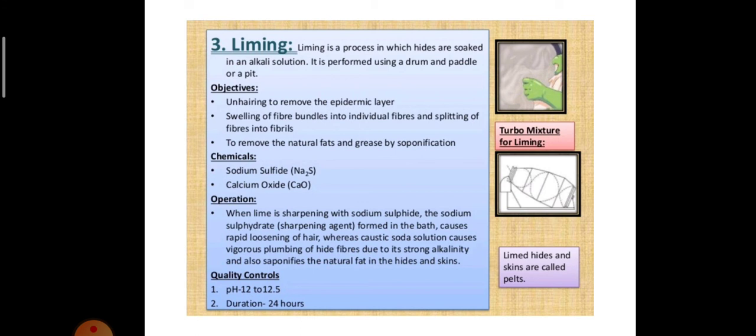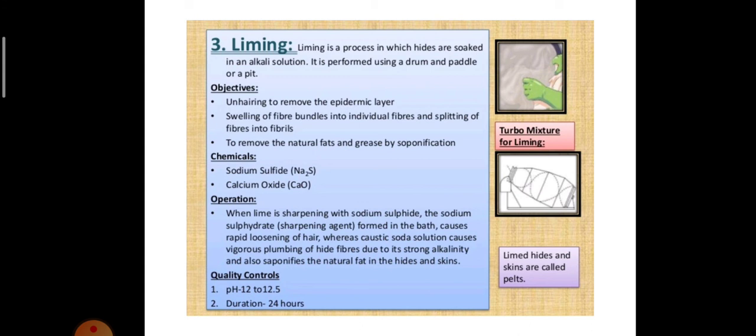The objective is also to remove the natural fats and grease by saponification. I already told you the hides and skin contain two layers, the outer layer and the inner layer.